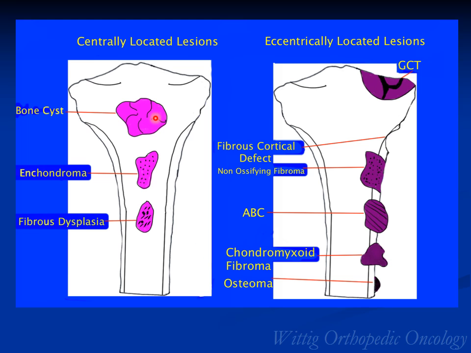This is showing you schematically centrally located lesions: unicameral bone cyst, enchondroma, fibrous dysplasia. Eccentrically located lesions: giant cell tumor, fibrous cortical defect, which is essentially a small non-ossifying fibroma, ABCs, chondromyxofibromas, osteomas, all tend to be eccentrically located.